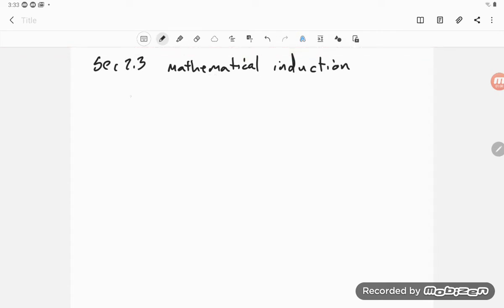So I have a mathematical statement based on n, and typically I could think of n going from 1 to infinity. Now, again, it does not have to start at 1. It could start at -32. It could start at 0. It could start at 5. You just need to know where you're starting it.